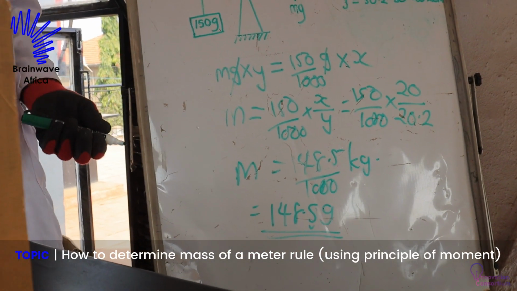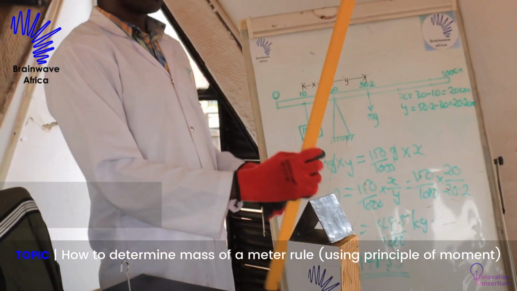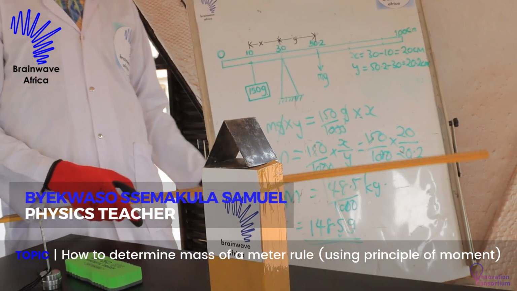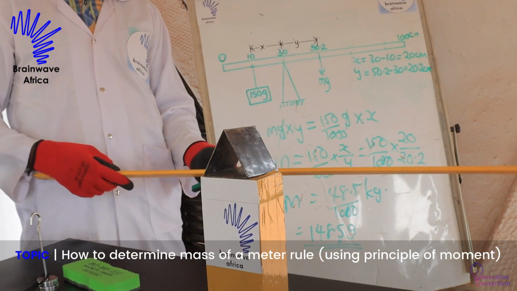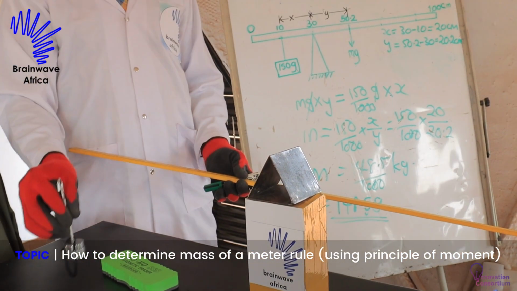Therefore, the mass of this meter rule has been found to be 148.5 grams using the principle of moments and using that known mass.